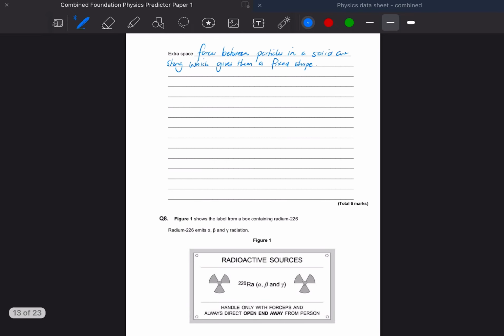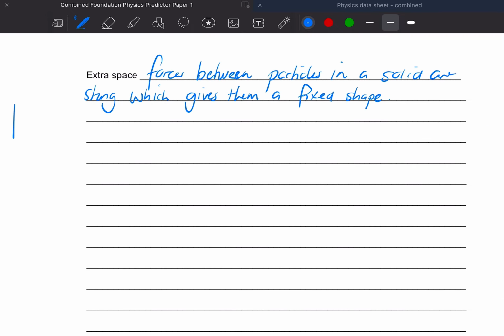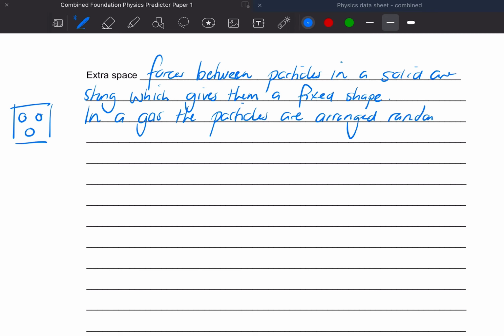So spacing. Remember, here was our gas. The particles are spread out like that in a gas. So in a gas, the particles are arranged randomly and spread far apart from each other.